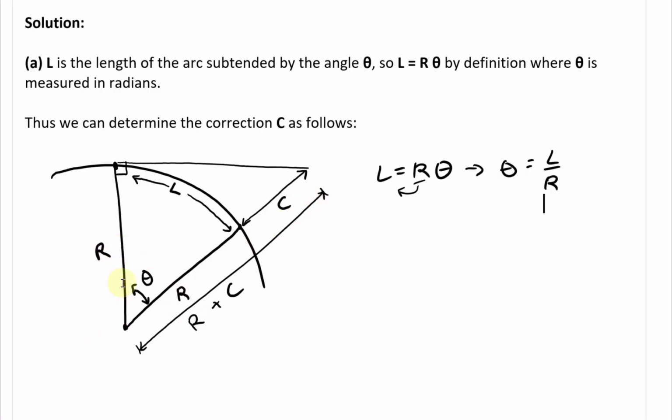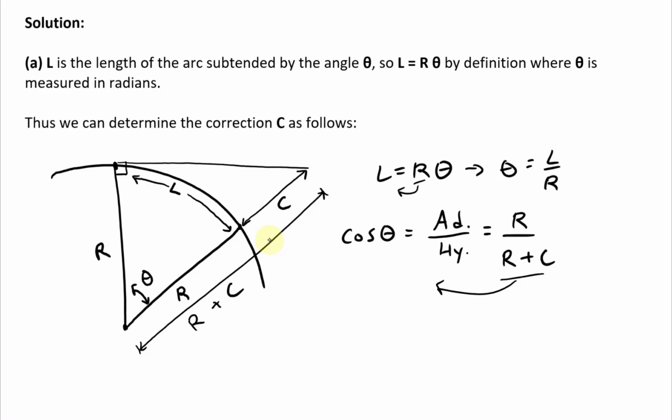So the adjacent, if this is the angle, is going to be R. So cosine theta equals adjacent over hypotenuse, and this equals the adjacent, the close one, R, divided by the hypotenuse along the sides, R plus C. And now we want to solve for the correction.